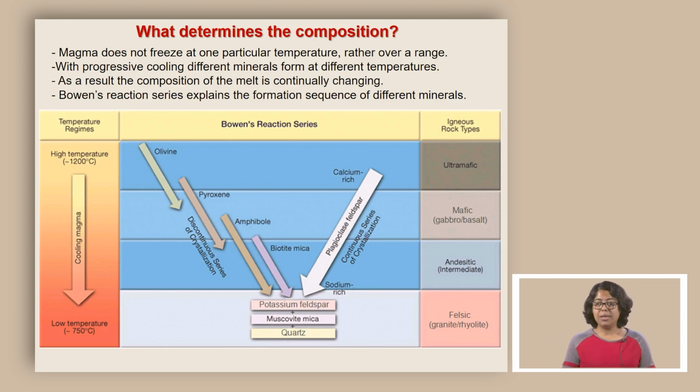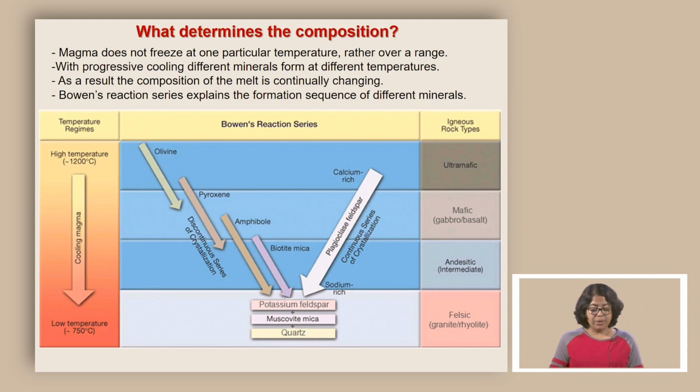Olivine is a dark mineral with a very high amount of Fe and Mg, and therefore the corresponding rock is going to be an ultramafic rock. A rock which is completely made up of olivine is called a peridotite.